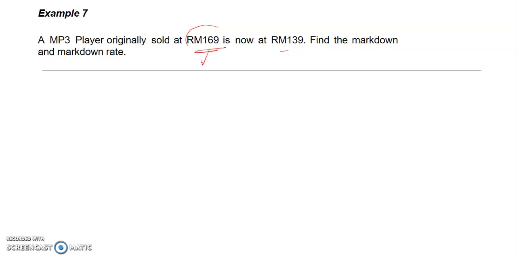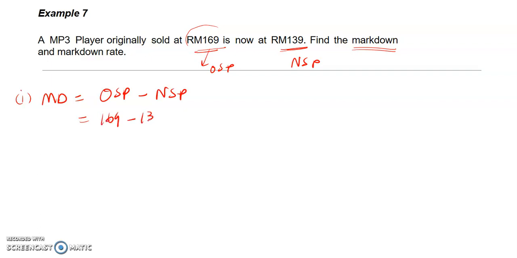So this is the original selling price and this is the new selling price. So the first question, find the amount of markdown. The amount of markdown is the original selling price minus the new selling price. 169 minus 139. So the amount of markdown is 30 ringgit.